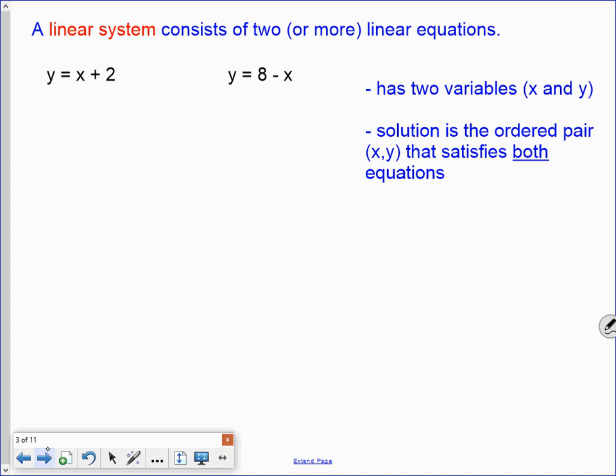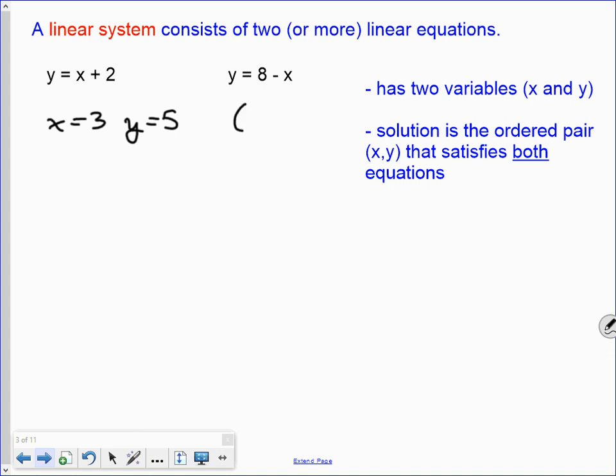Now there's a solution to this linear system, and the solution is the value of x and y that satisfies both of these equations. And we can write it as an ordered pair, x comma y. So the solution to this system is x equals 3, y is equal to 5.